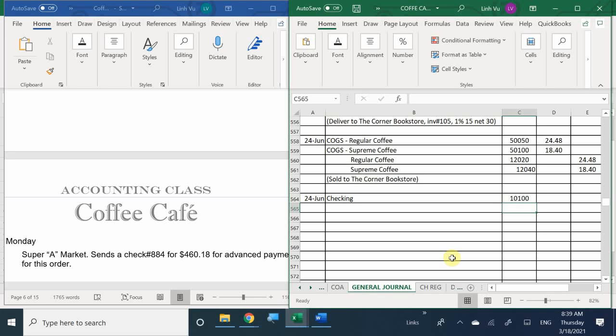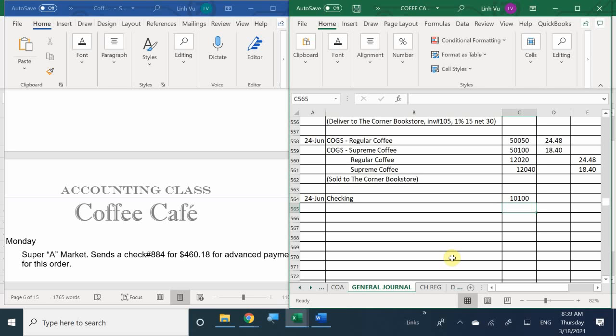If a customer gives us money in advance for services, it's unearned revenue. It's going to be a liability.